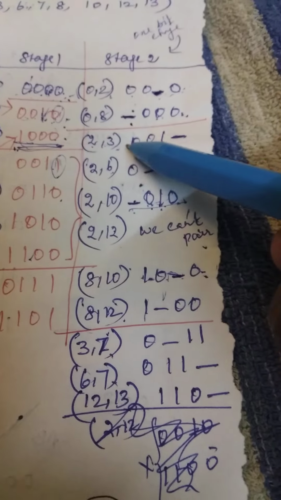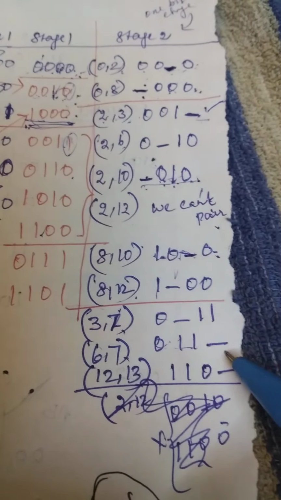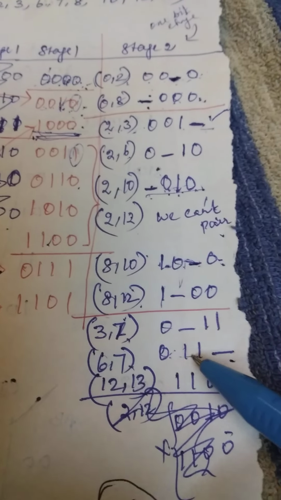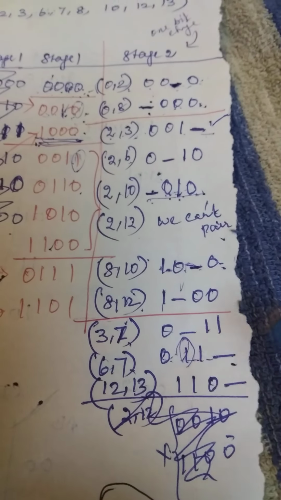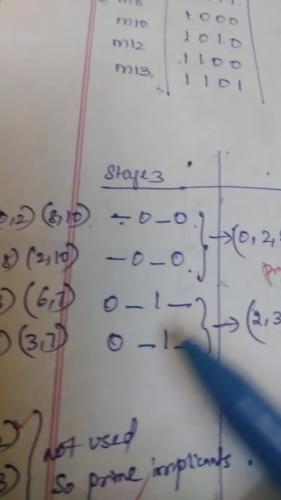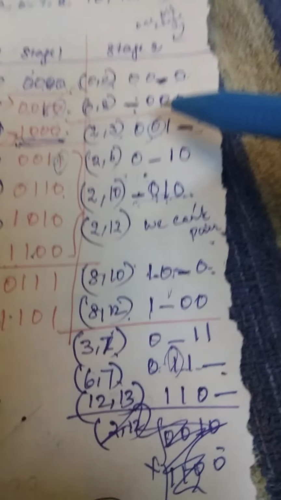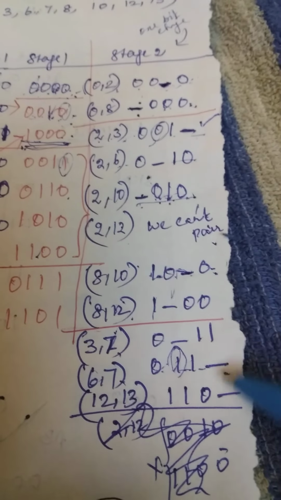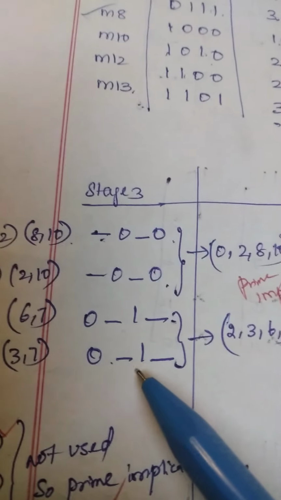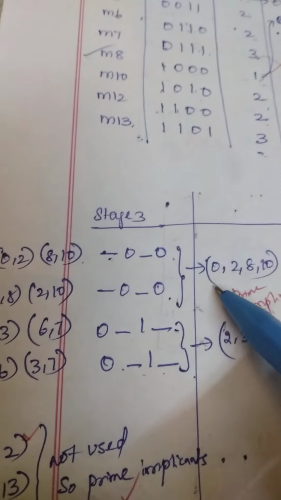See here, 2,3 and 6,7. Same thing, a dash in the last position. So 001 here and 011, this bit is different, so you put a dash here. So 0-1-. Similarly, we can check for 2,6 and 3,7. Again the same possibility, and you put 0-1-.